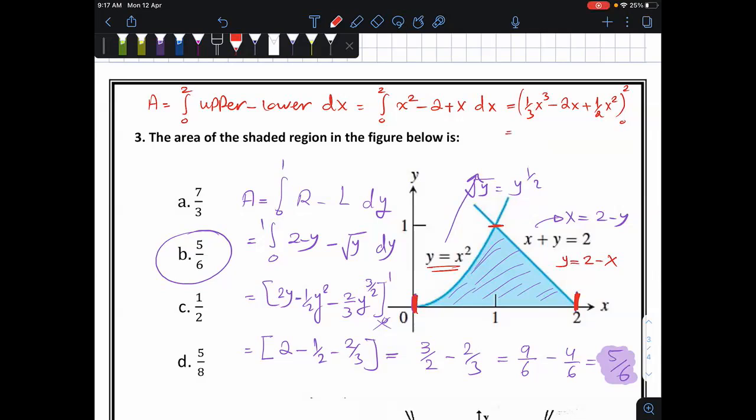When x is 2, 8 over 3, minus 4, plus 2. So it's 8 over 3 minus 2. This 2 can be written as what? 6 over 3. So it's 4 over 3. Why? It's different. It should be 5 over 6.